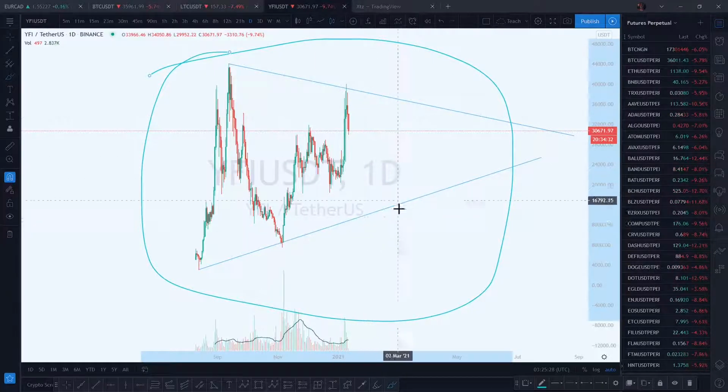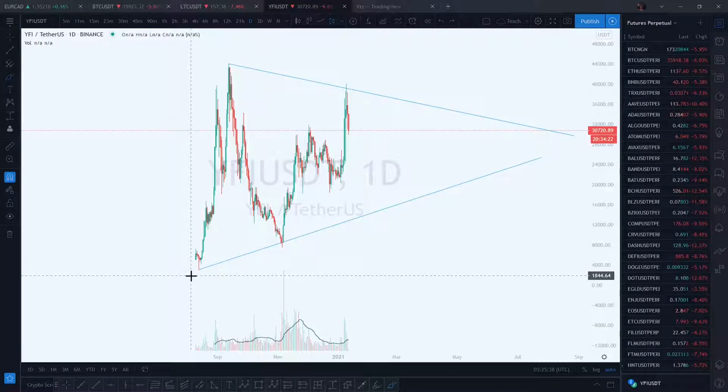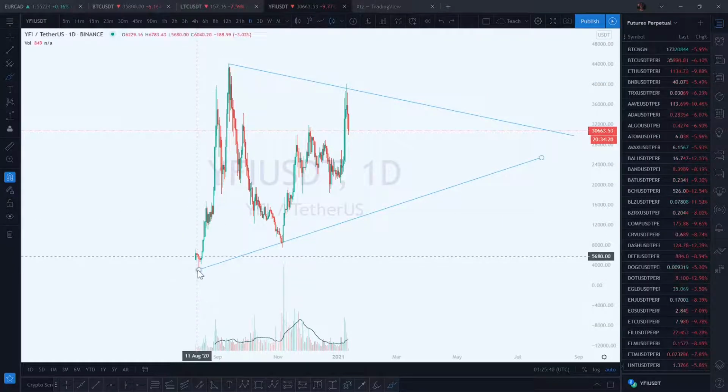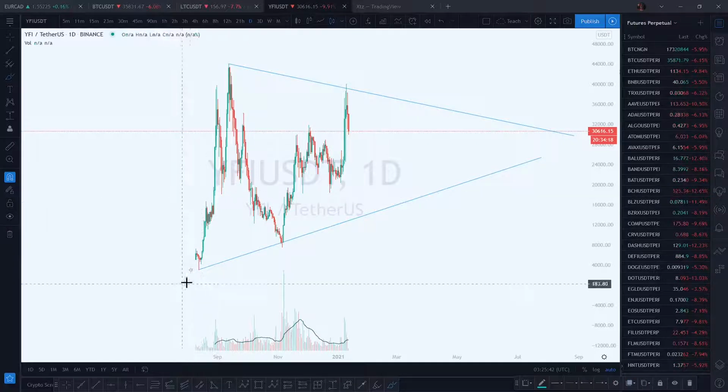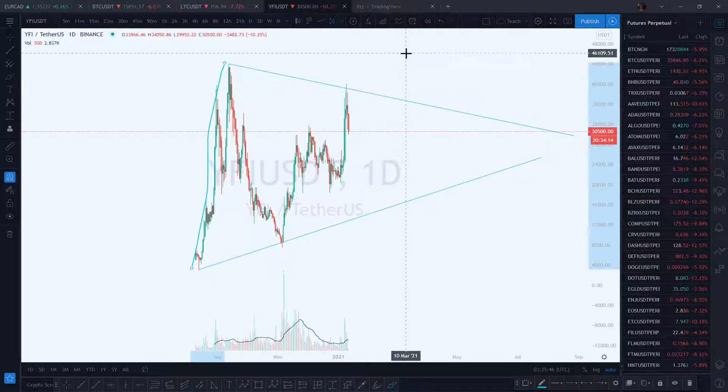Actually, it can break to either side, being a triangle. But what I do use to determine which side is more likely to break out to is I look at the preceding move, the first move, and now here we have from a low to a high, like this. So I take it that it is going to break up.